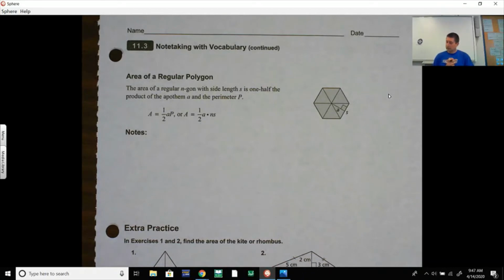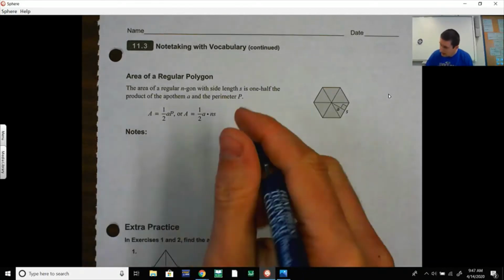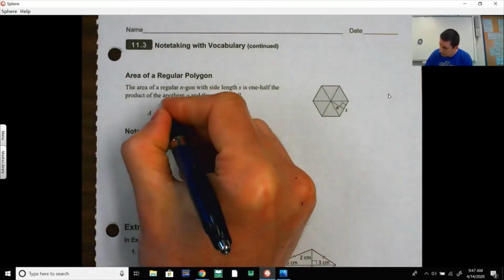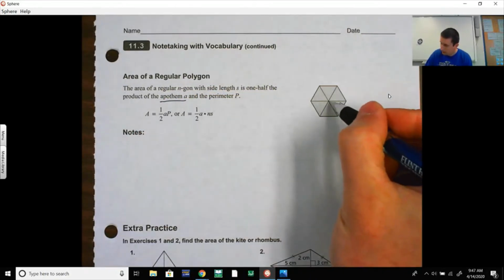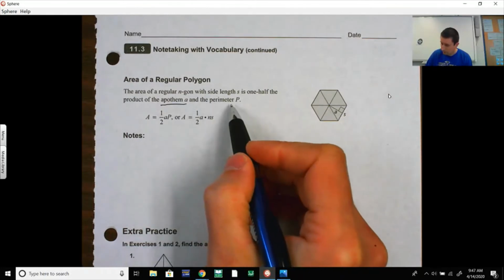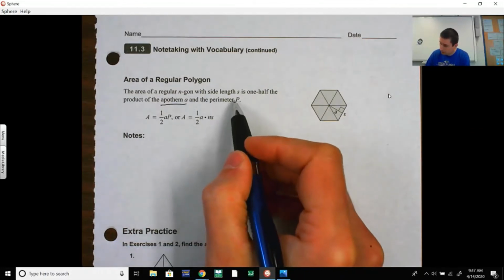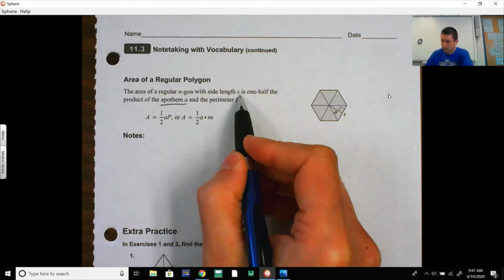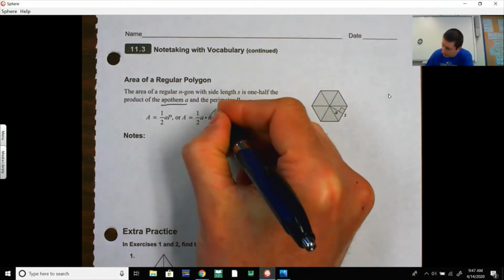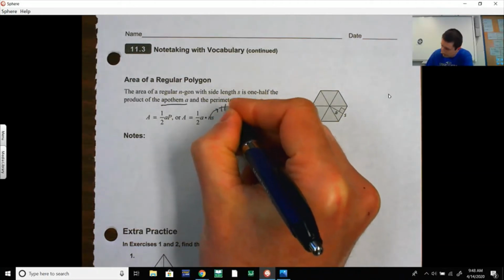Area equals 1/2 a, where a is the apothem, times the perimeter. So perimeter can be referred to as n times the side length. So that's where it comes from. N is the number of sides.